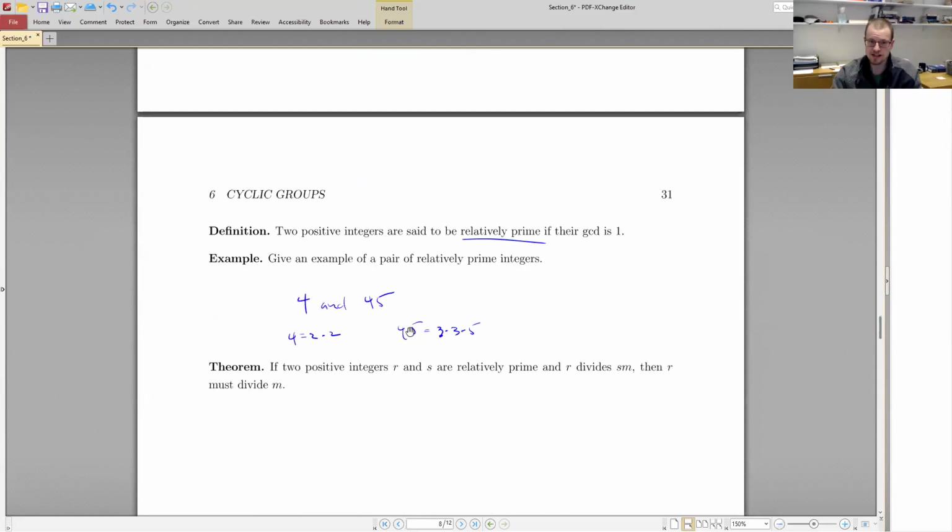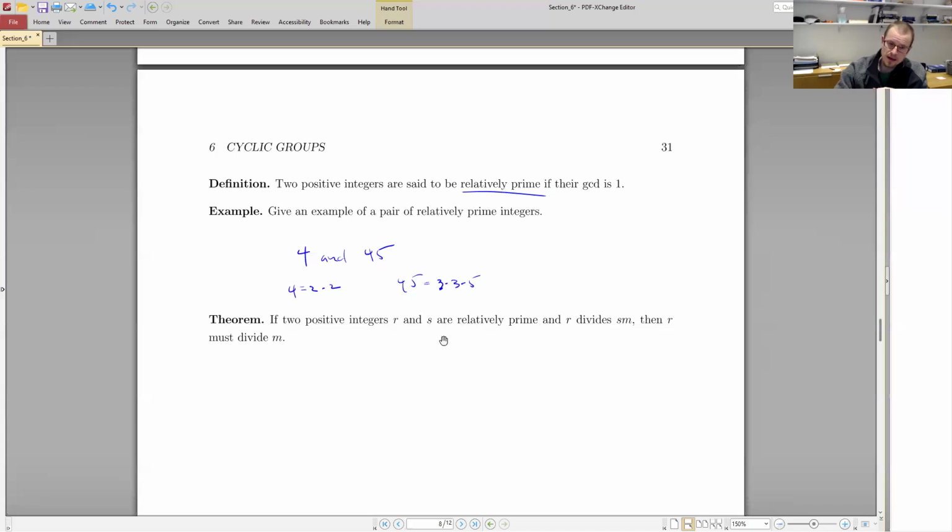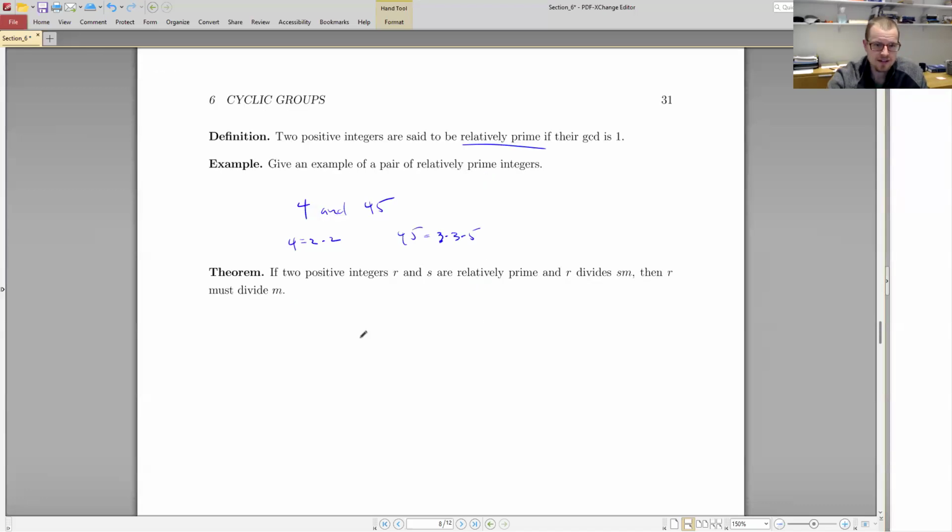That is to say that if r and s are relatively prime, then the fact that the greatest common divisor of r and s is equal to 1 implies that we can express 1 as a linear combination of r and s.